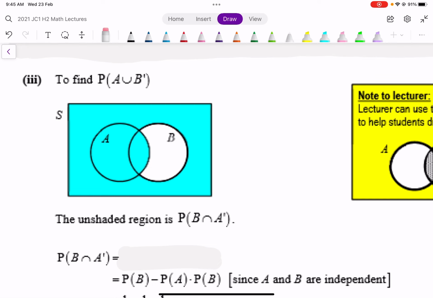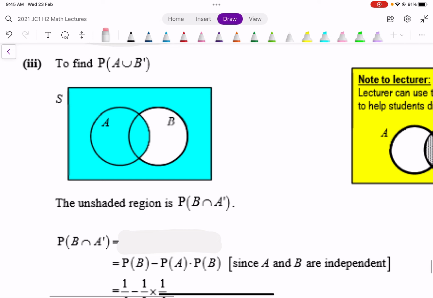So what I'm going to do here is find the probability of B intersect A prime first. How am I going to do that? I'm going to take B, which is this circle here, and take away the intersect. Then that will give me the white color region, which is the B intersect A prime.